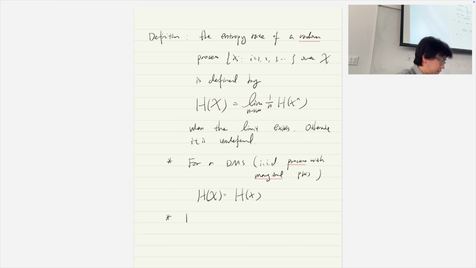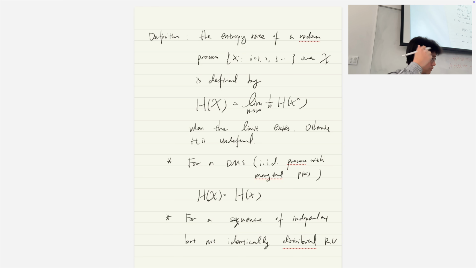Let's go one step further, for a sequence of independent but not identically distributed random variables.